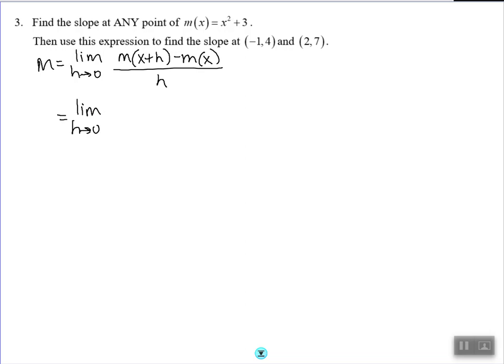So if I plug x plus h into this function, I have x plus h squared plus 3 minus x squared plus 3, divided by h.